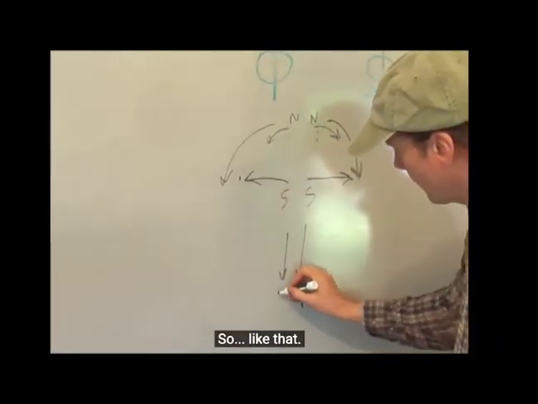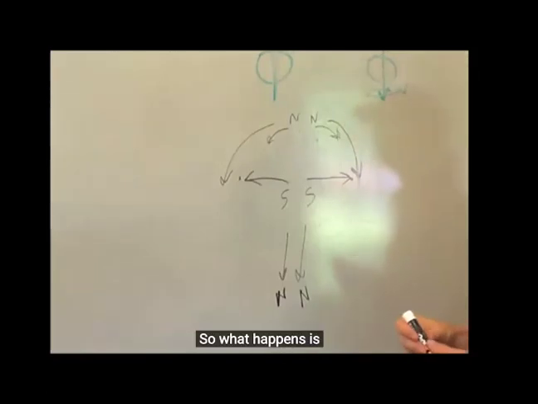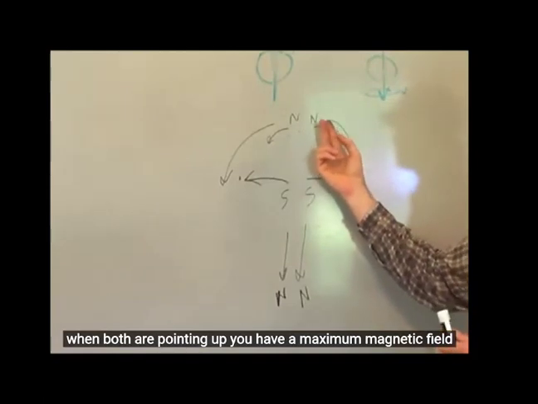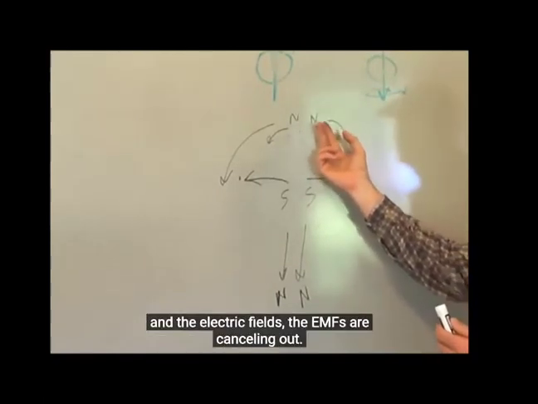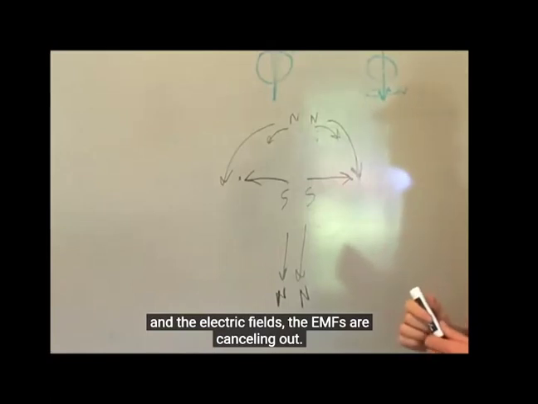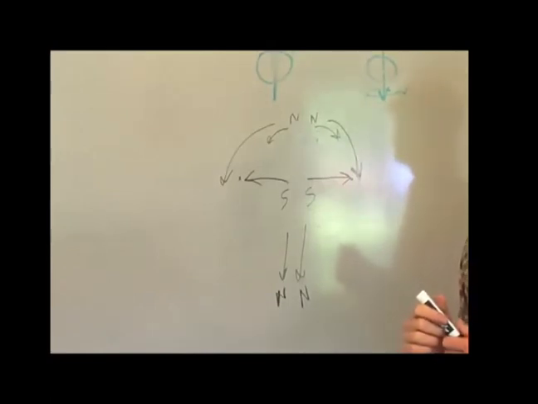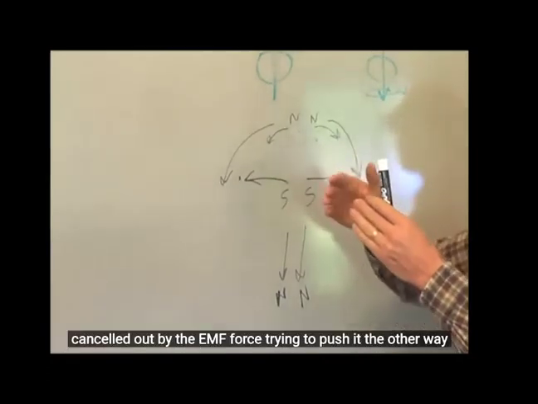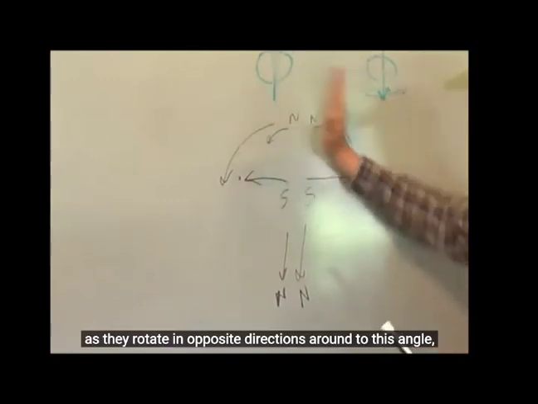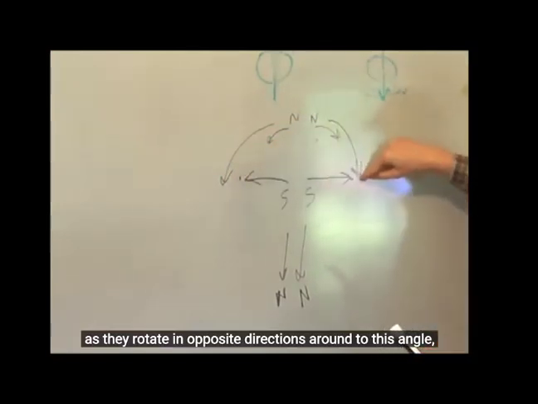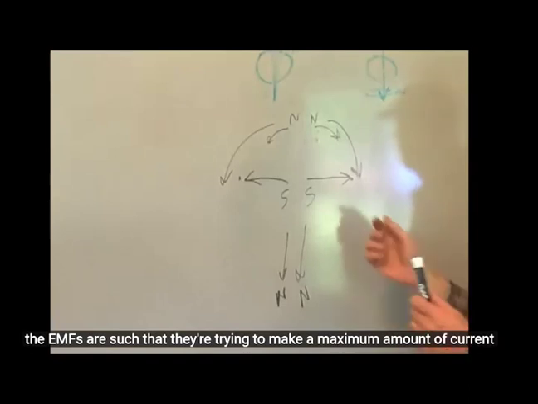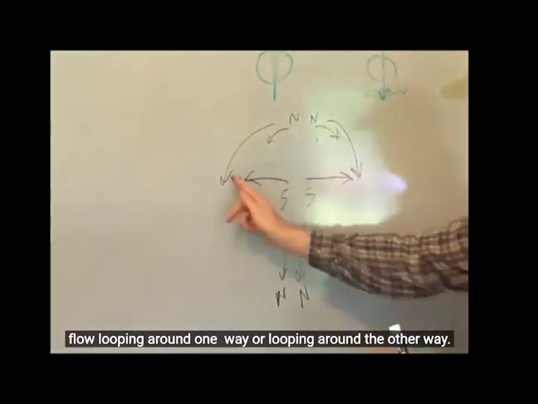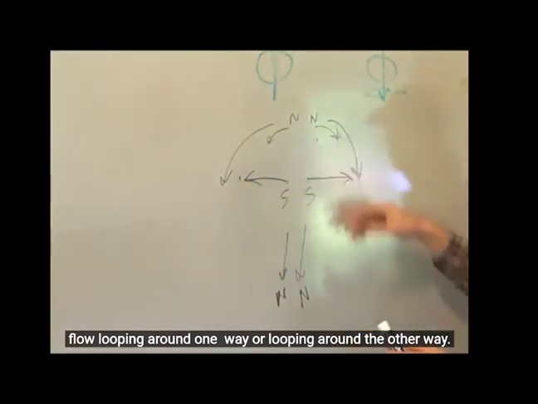So when both are pointing up, you have a maximum magnetic field, and the electric fields, the EMFs, are canceling out. The same amount of force trying to push one way gets canceled out by the EMF force trying to push it the other way. As they rotate in opposite directions around to this angle, the EMFs are such that they're trying to make a maximum amount of current flow looping around one way or looping around the other way.